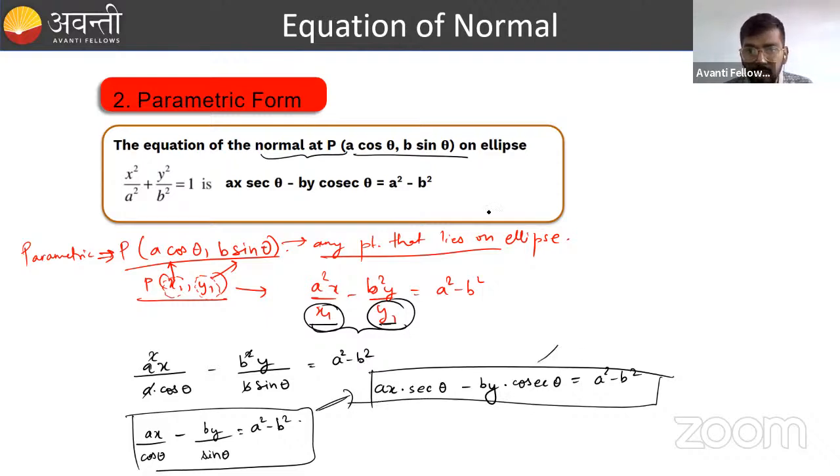So you guys can see here, this is how the equation of a normal in parametric form is defined. Correct? Are you guys able to understand this? All right. Let's move ahead and see.